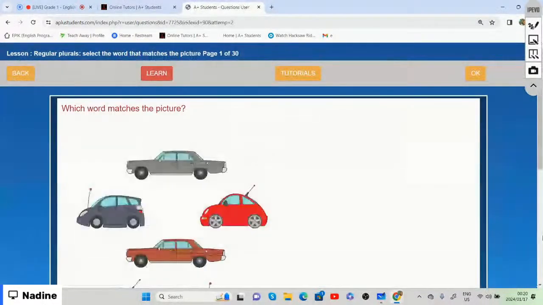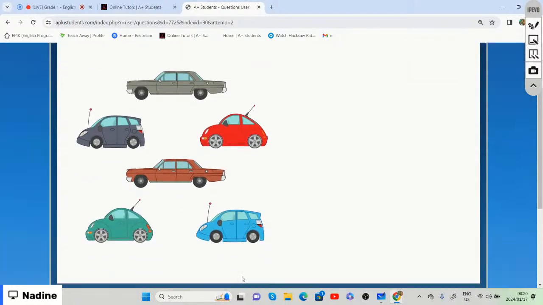So now we're going to our test. So we're going to be looking at the pictures and going to select the correct answer, right?